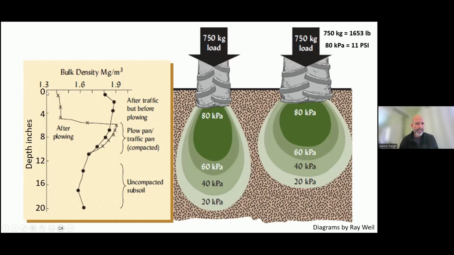Then we go down into the soil depth from the surface. These black dots would be the bulk density after traffic, but before any plowing. You see this wheel traffic down to about 80 kilopascals, which is equivalent to about 11 psi down in the soil. You see this bulge, or compaction bulb, that occurs.